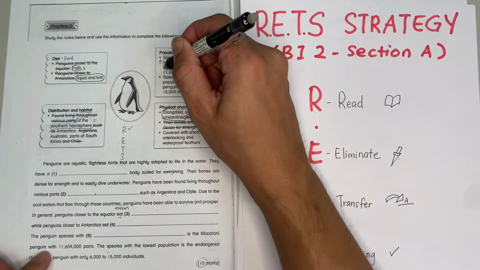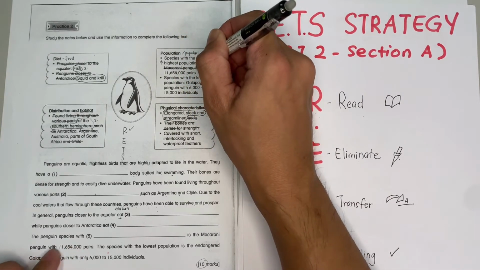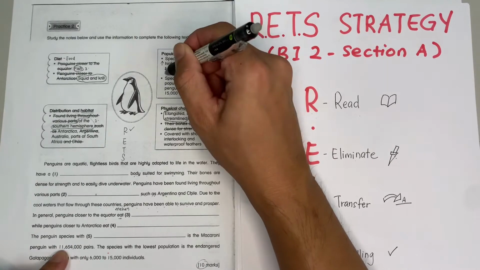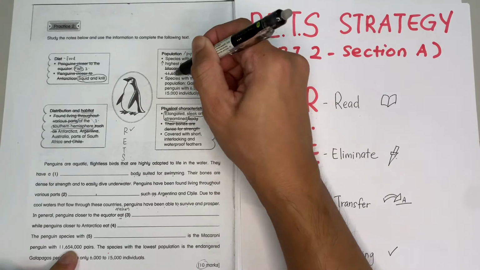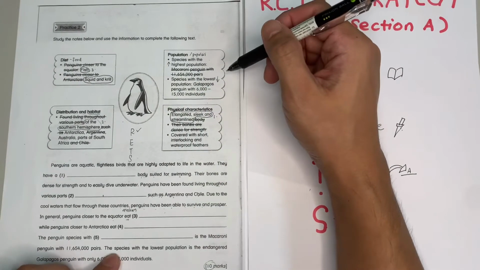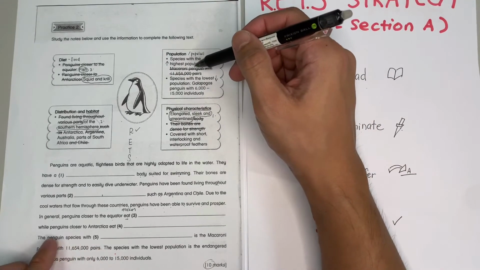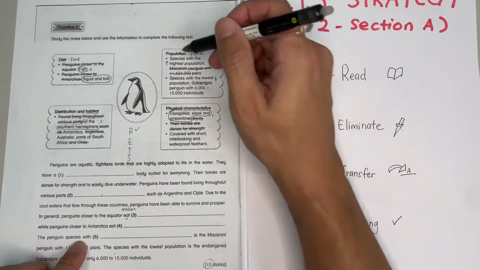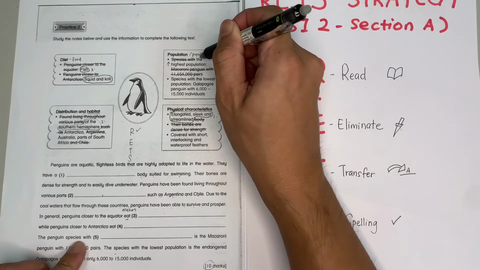So I'm going to eliminate macaroni penguin with 11,654,000 pairs. We are going to eliminate with 11,654,000 pairs. Okay, so what is the possible answer? The penguin species with... eliminate. What's the answer?